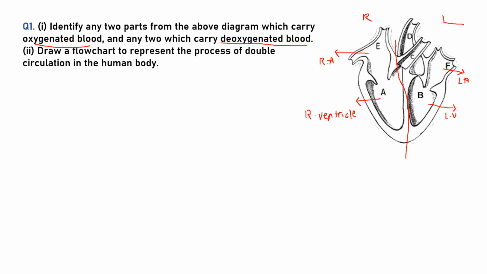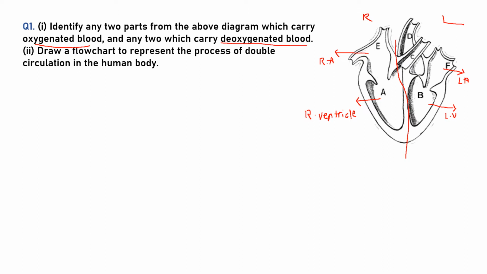Deoxygenated blood means blood in which more carbon dioxide is dissolved, whereas oxygenated blood has more oxygen. So my right side of the heart will always have deoxygenated blood and my left side will always have oxygenated blood.